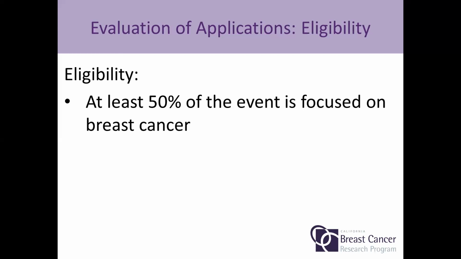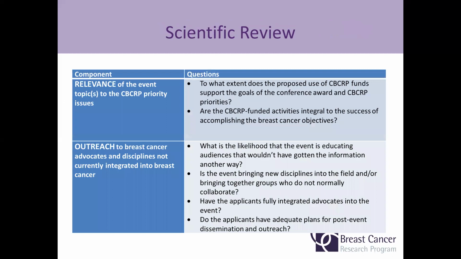First of all, they're going to look at the eligibility and make sure that at least 50% of the event is focused on breast cancer. Then, assuming that the event passes the eligibility, they're going to be looking at 4 criteria and scoring on them. The first is the relevance of the event topics to the CBCRP priority issues.